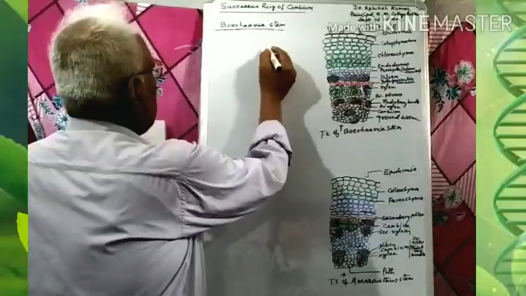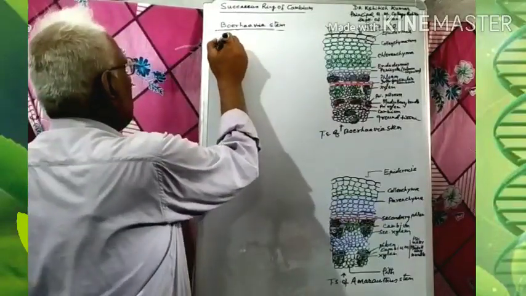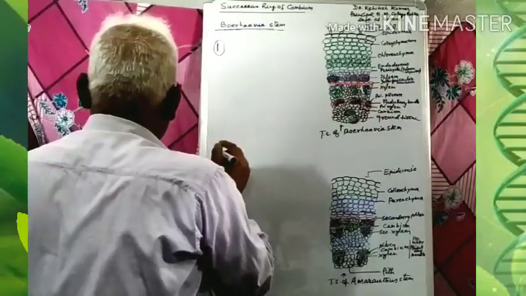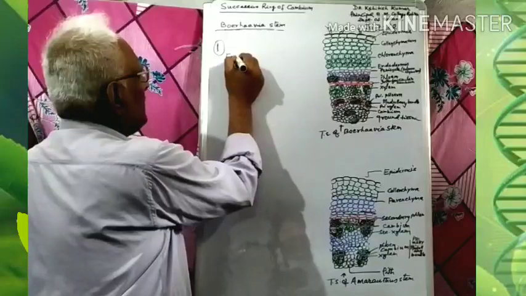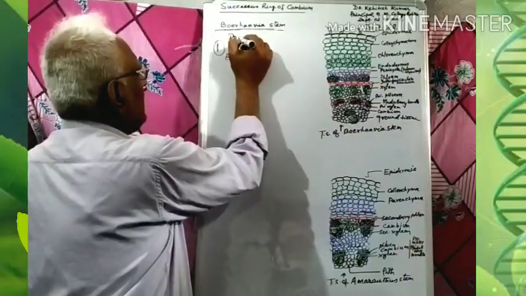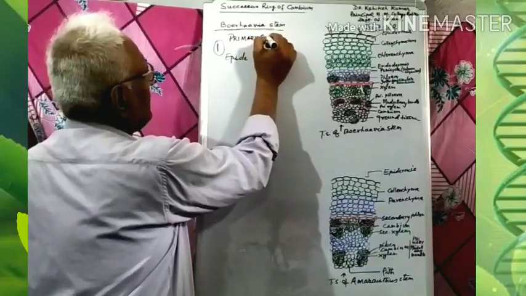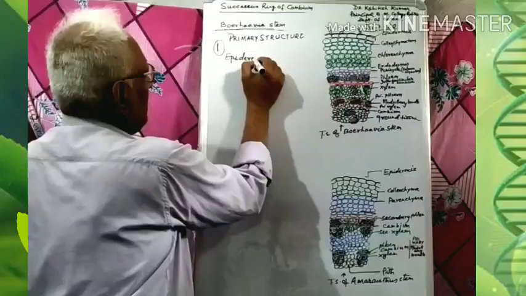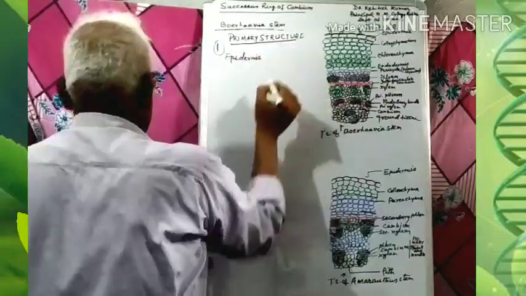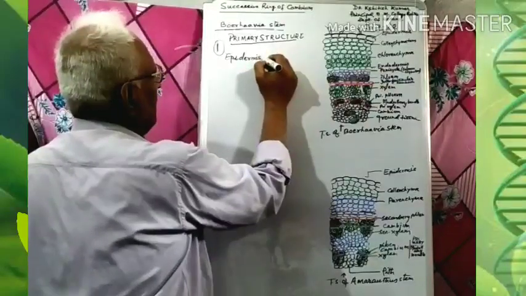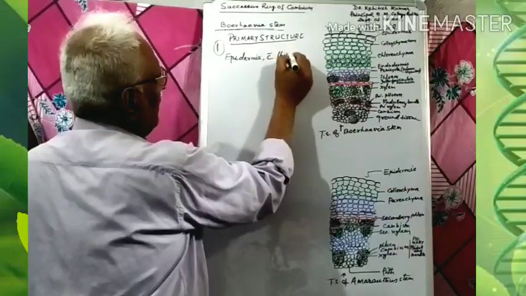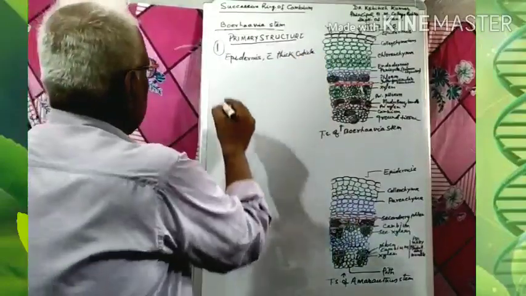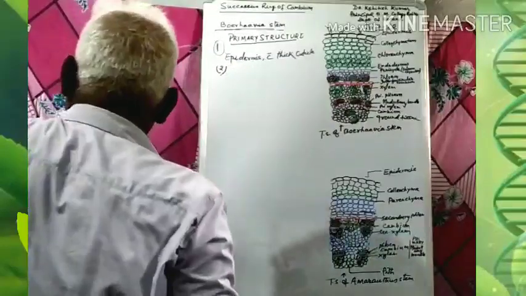The first character of the primary structure is that the epidermis has a thick cuticle.